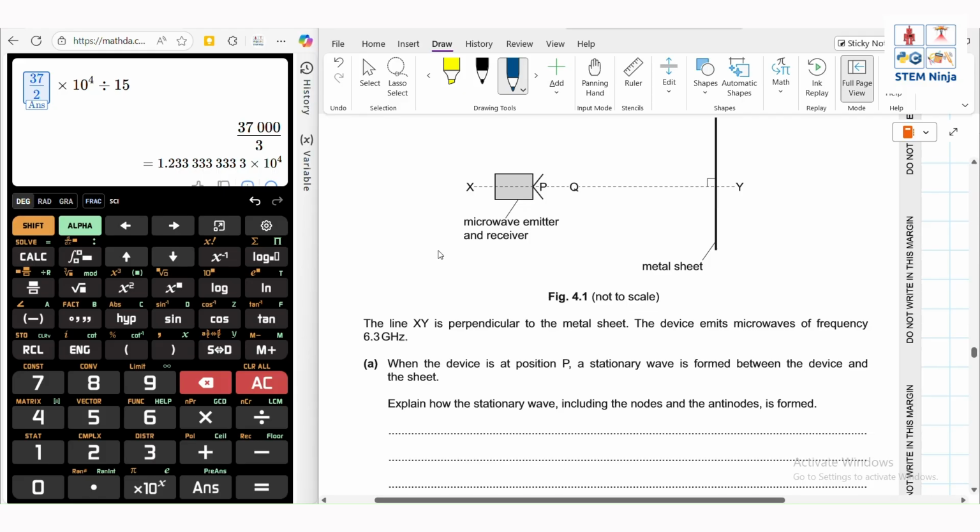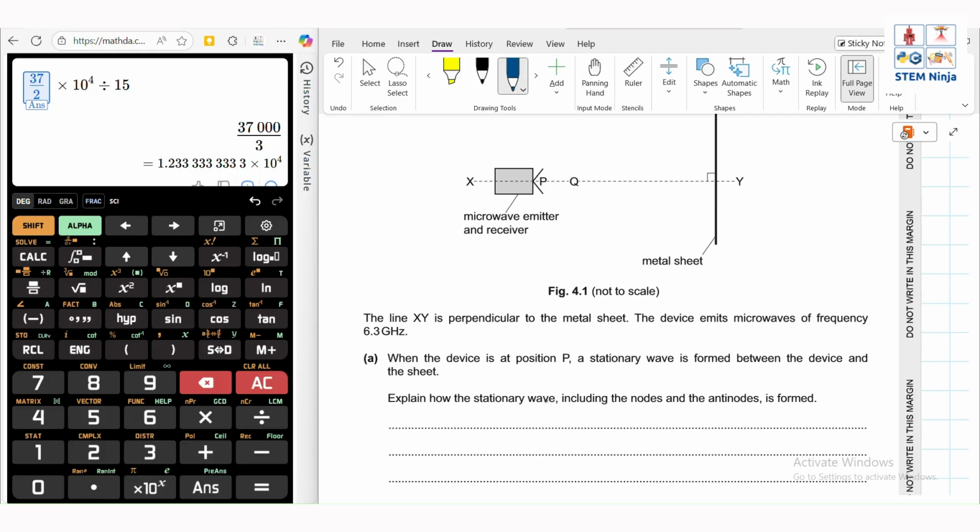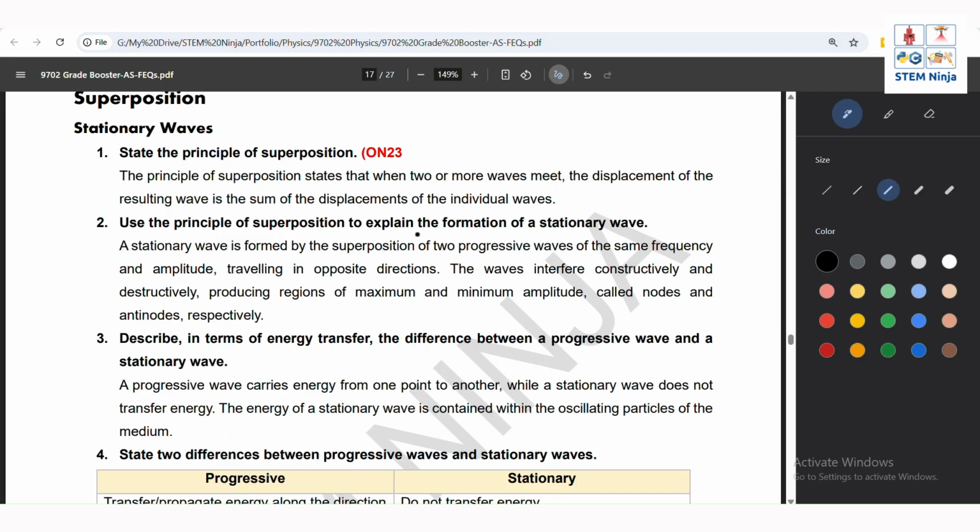Now, this is very interesting, and let me show you how to answer this. So this is the same grade booster, but the frequently examined questions. So this is a similar question using the principle of superposition to explain the formation of a stationary wave.